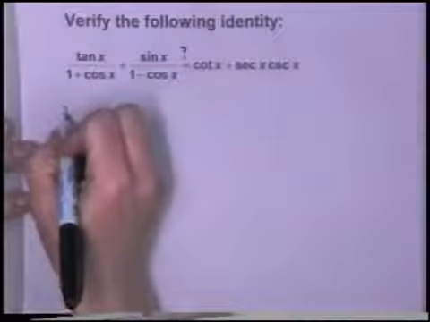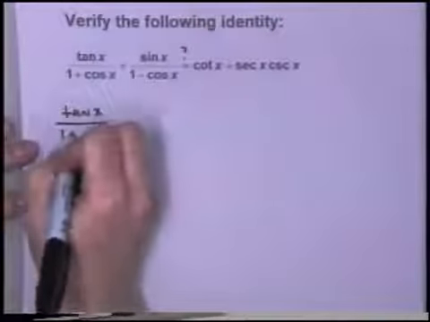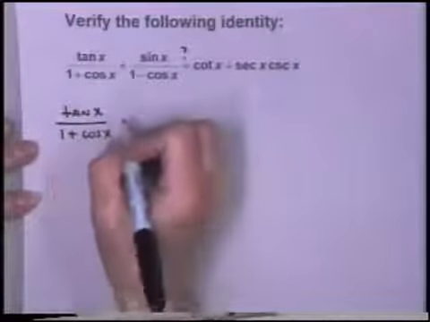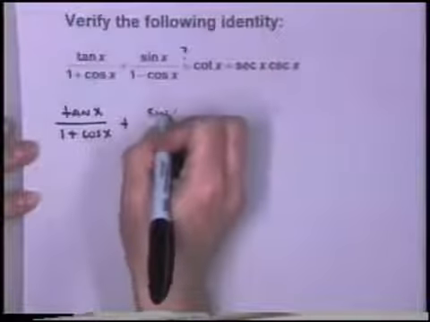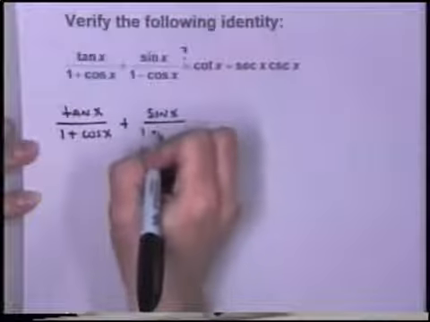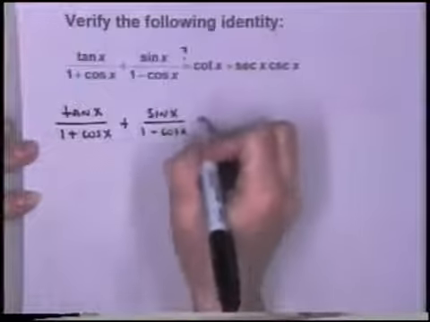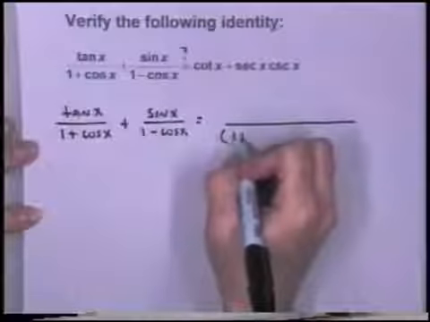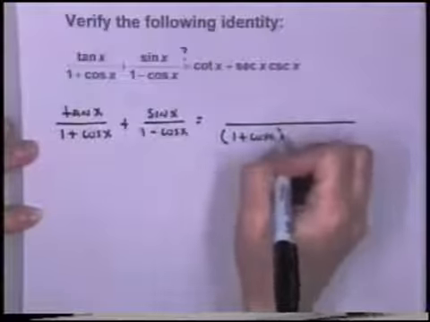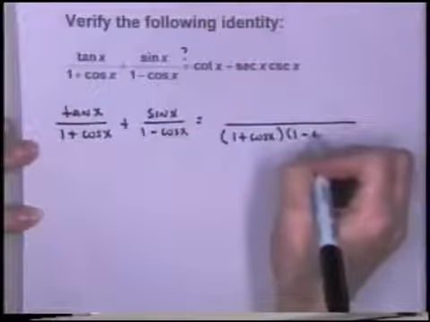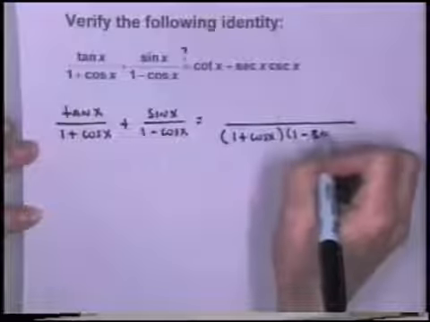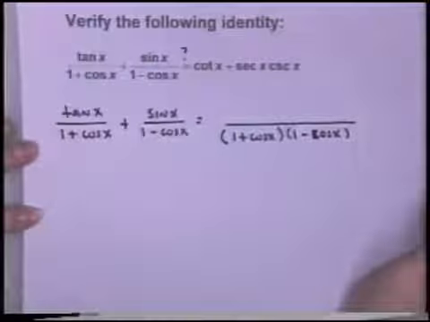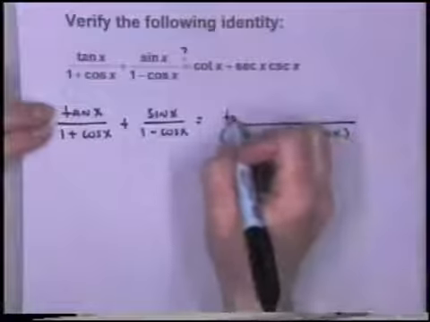I think what I'm going to do is get a common denominator on the left-hand side and work from that point right now. So let me see. Tangent x over 1 plus cosine x plus sine x over 1 minus cosine x. My common denominator will be 1 plus cosine x times 1 minus, oops, I wrote a C there, cosine x.